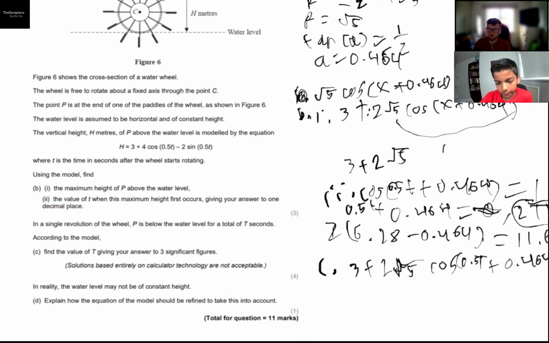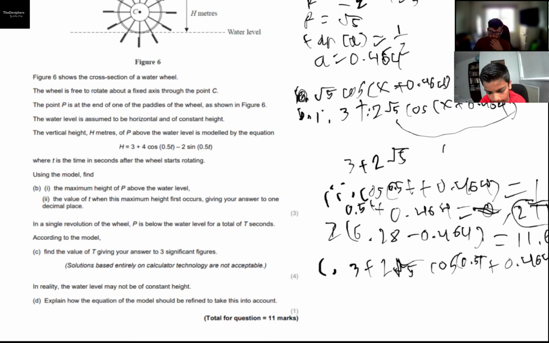So we can find when it is equal to 0 and then just take those 2 away.